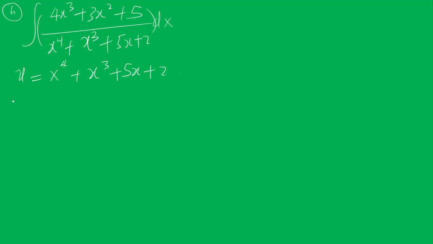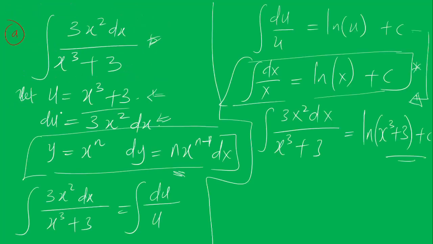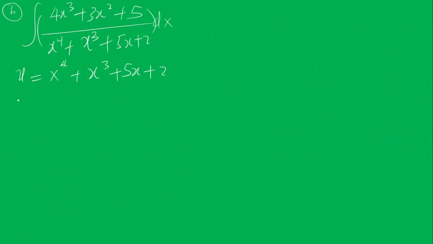plus 2. Now differentiating this using the general differentiation rule, you have du is equal to 4x to power 4 minus 1 plus 3x to power 3 minus 1 plus 5 times 1 x to power 1 minus 1, plus 2 times 0 x raised to power 0 minus 1.